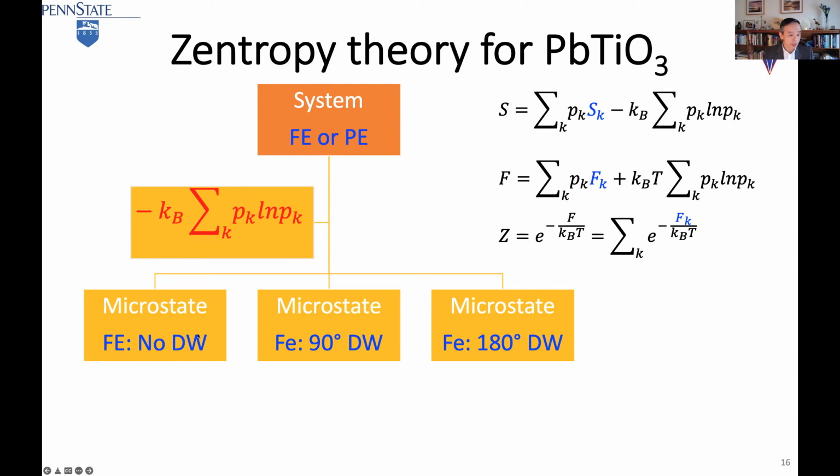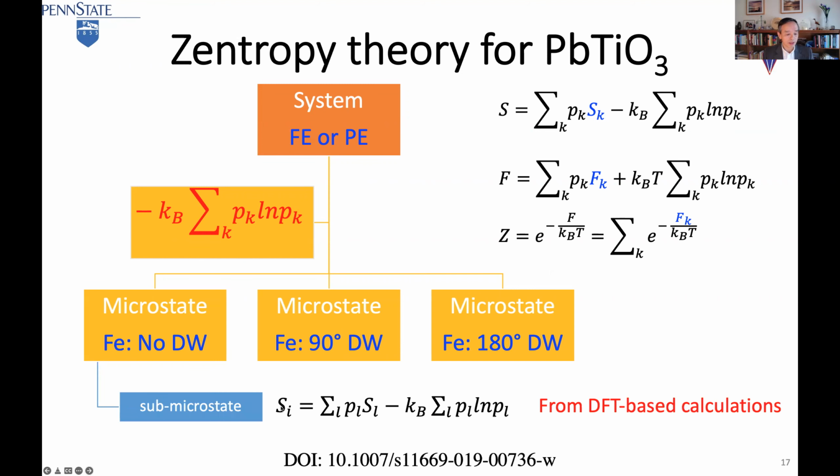And for each microstate, we can calculate the energy from DFT-based calculations. Okay. So now this is quantum mechanics. This is the statistical mechanics. This would be our thermodynamic properties, like those measured in experiments.